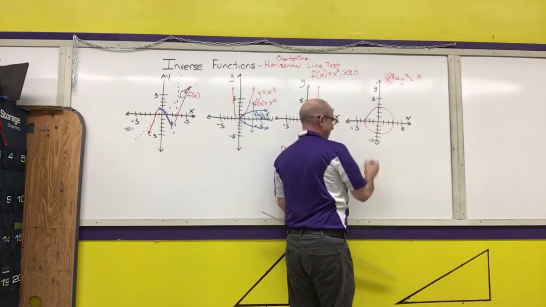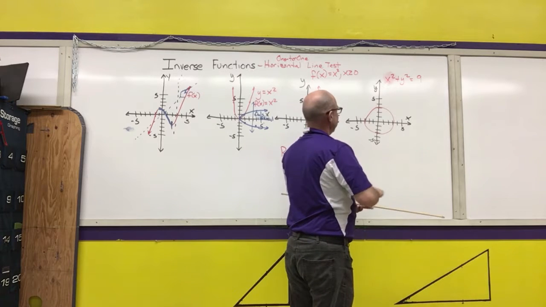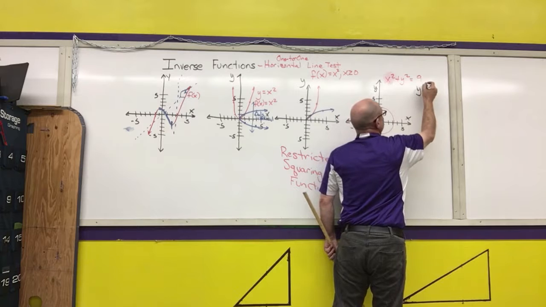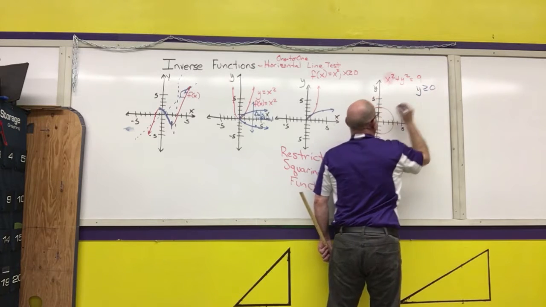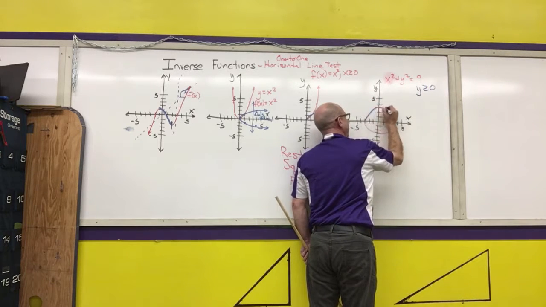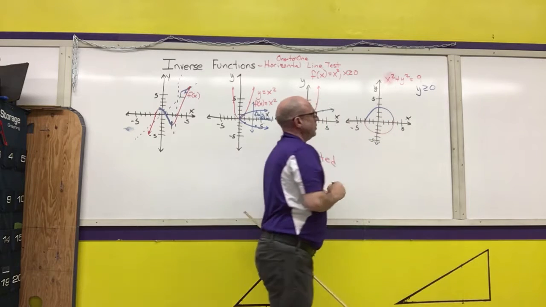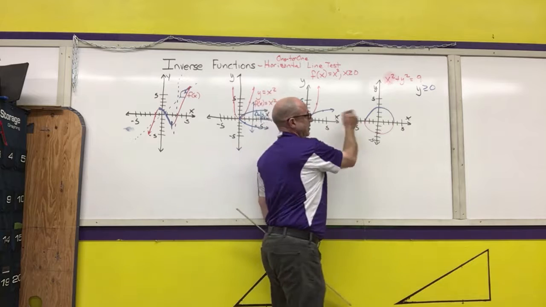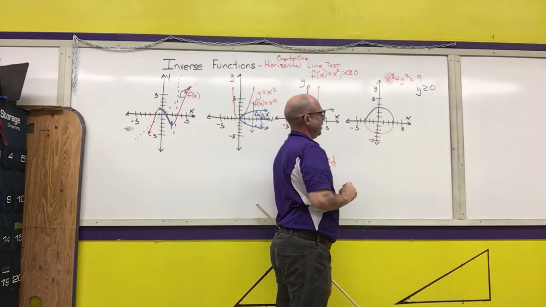For example, I could restrict it such that y is greater than or equal to 0, and that would give me this blue graph, which now is a function, but it still violates the horizontal line test, so it won't have an inverse.